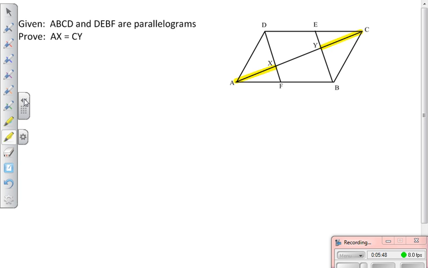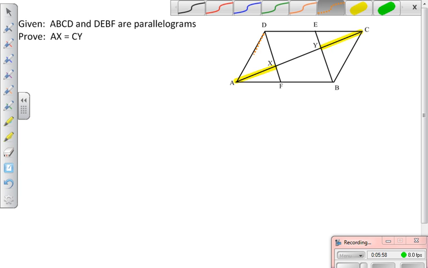Now what I see when I see AX and CY is that they are parts of triangles. And I see this triangle right here, and I see this triangle right here. So what I'm thinking is if I can prove those two triangles congruent, then AX and CY would be equal by CPCTC. So that's kind of the plan I'm going to set out going for.